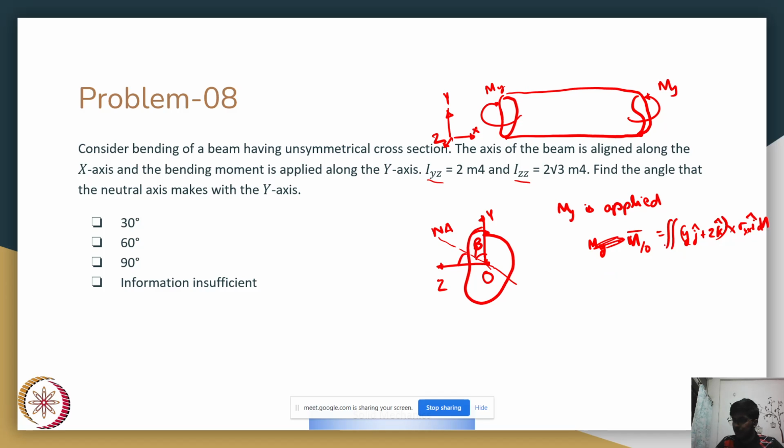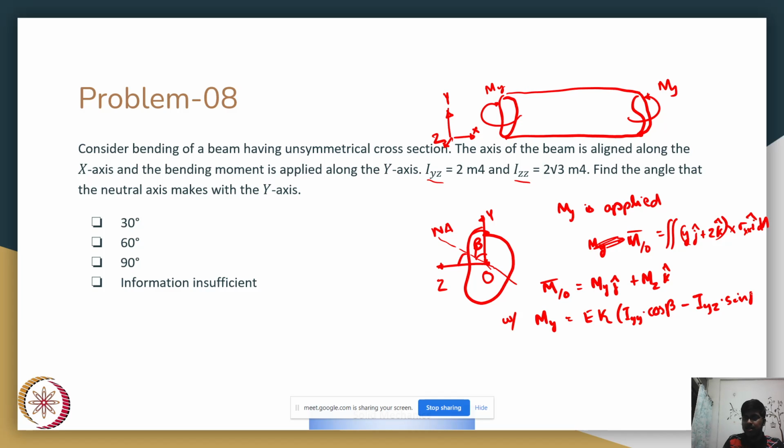If I go through the integration process and figure it out exactly, I essentially have MO made up of a moment along the y-axis and a moment along the z-axis, where the moment along the y-axis is E kappa (Iyy cos beta minus Iyz sin beta), and the moment along the z-axis is equal to E kappa (Izz sin beta minus Iyz cos beta).